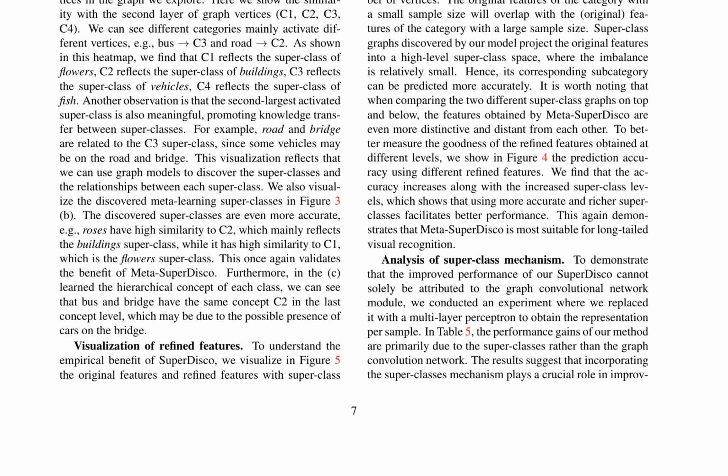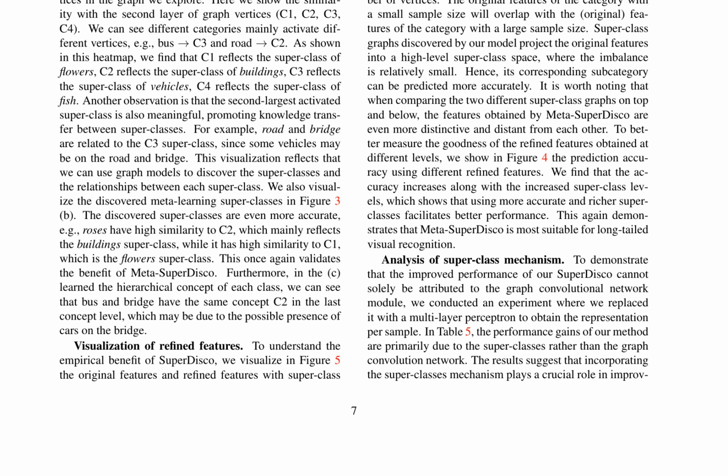The results demonstrate that the superclass graphs discovered by the model project the original features into a high-level superclass space, where the imbalance is relatively small, and the corresponding subcategory can be predicted more accurately. The authors analyze the effect of refined features on long-tailed recognition in Figure 4, showing that accuracy increases along with the increased superclass levels, revealing that more accurate and richer superclasses facilitate better performance.